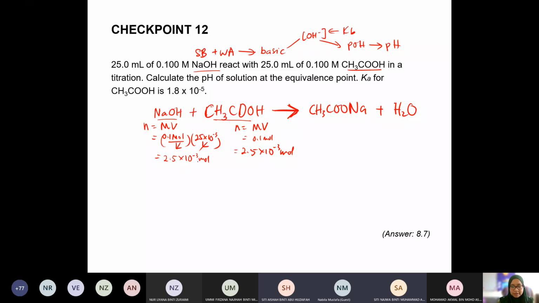Okay, alright, so we have this mole. Right, when these two moles neutralize one another, later dia akan equal to 0. Okay, so this is the initial mole, which initially we don't have these two. After, this is equal to 0 and this is also equal to 0.